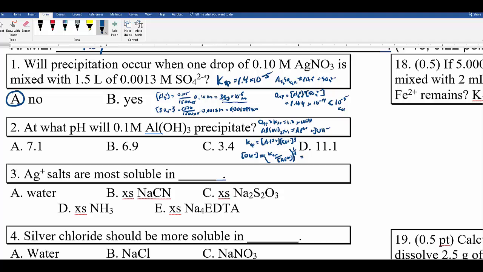That's going to give me 2.35 times 10 to the minus 11. So if we get this hydroxide, then QSP would equal KSP. It would be just the right amount of hydroxide. But what we need to do is we need to get more than this. And so we need greater than this.